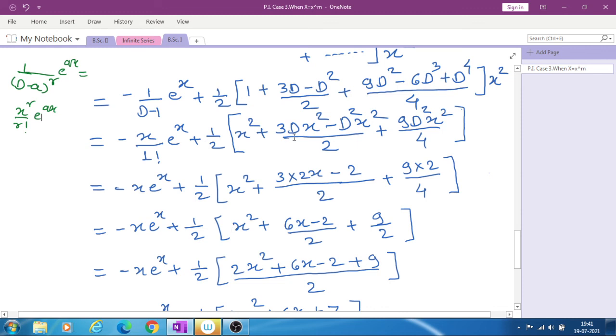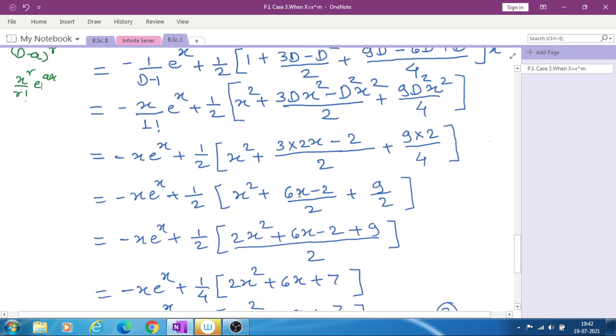So this is x square, and 3d x square means 3 into the derivative of x square. The derivative of x square is 2x, therefore 3 into 2x, minus d square of x square, which means the second derivative of x square. The first derivative is 2x, the second is 2, therefore this is minus 2, divided by this 2 here, plus 9 into d square x square, therefore 9 into the second derivative of x square, that is 2, so 9 into 2 divided by 4.